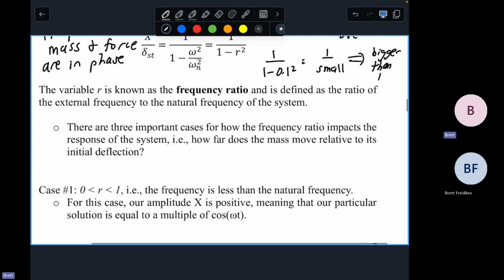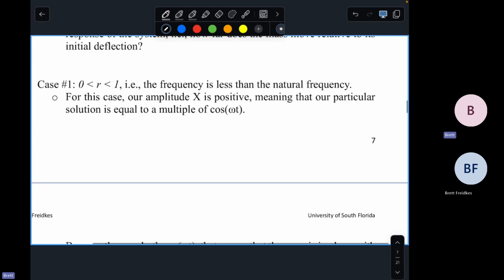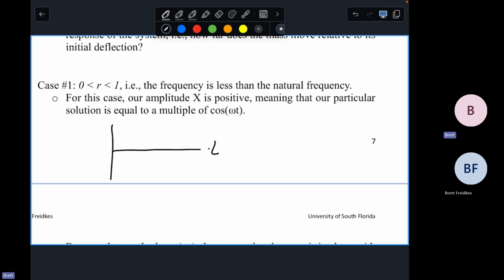So if I were to draw a graph representing that, let's say here's time versus the force, and this force is a cosine wave. Maybe it looks something like this. Our mass will be moving. Let's call this xp of t. This is just a particular solution. Our mass will be moving at the same frequency in phase with the force, meaning that when the force is high, the mass is high.